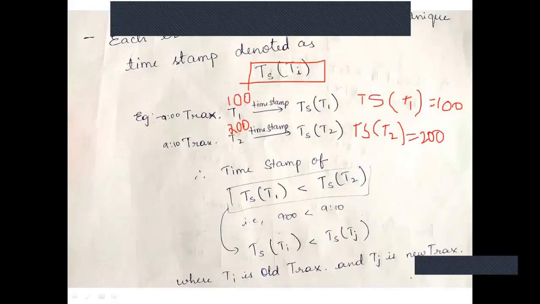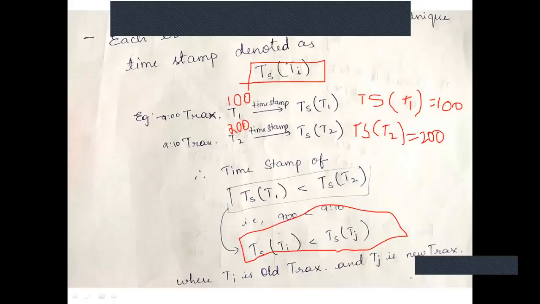With this you can notice that the value of TS of T1 is less than the value of TS of T2, that is, 100 is less than 200. Therefore TS of Ti is less than TS of Tj, where Ti is the old transaction and Tj is the new transaction.